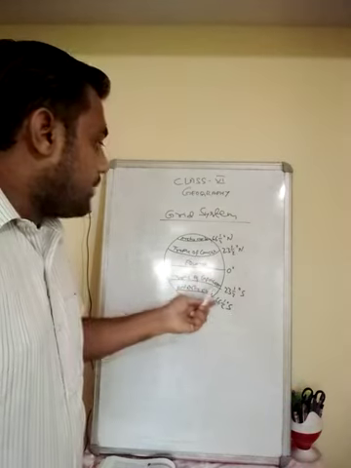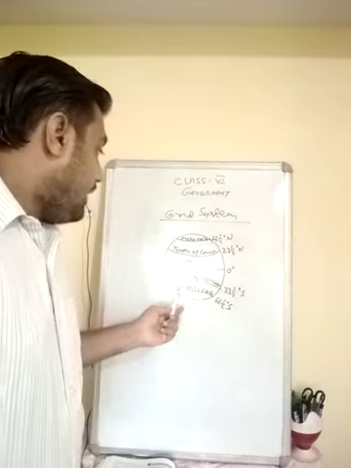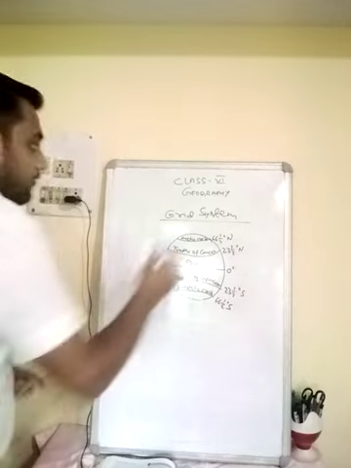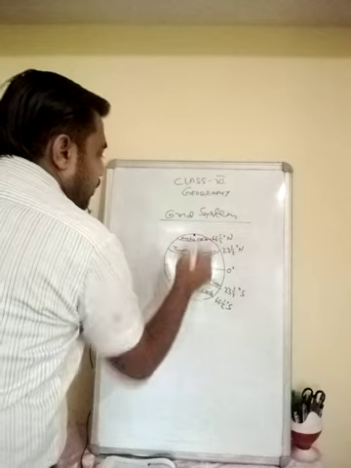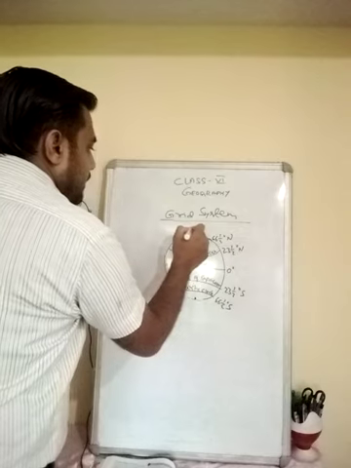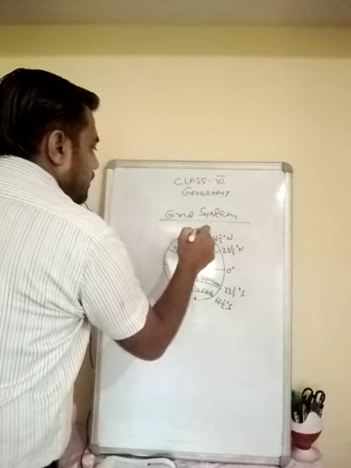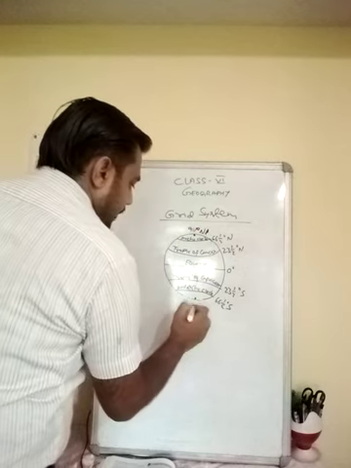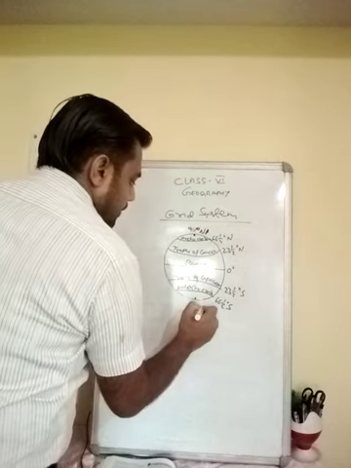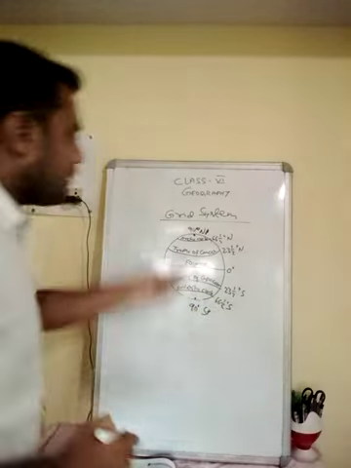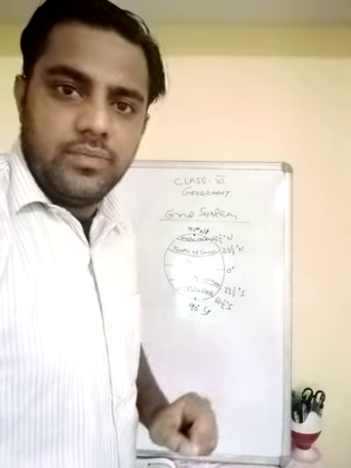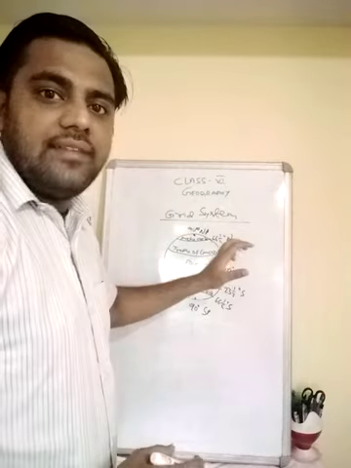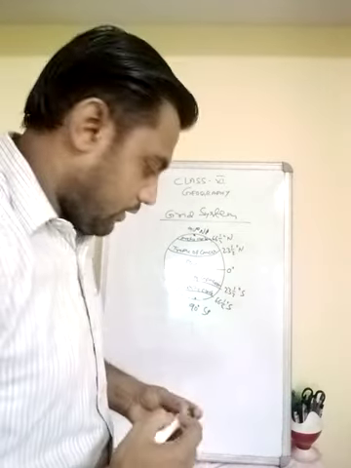Then you have Tropic of Capricorn 23.5 degree south, and Antarctic Circle 66.5 degree south. You also have North Pole and South Pole, that is 90 degree north and 90 degree south, but these are not latitudes, these are only points. So these are the important lines of latitude located on Earth.